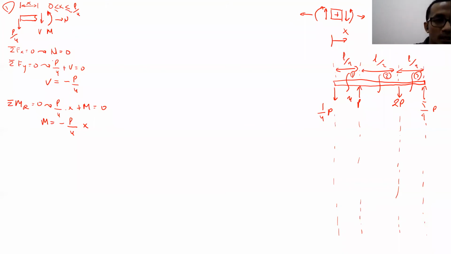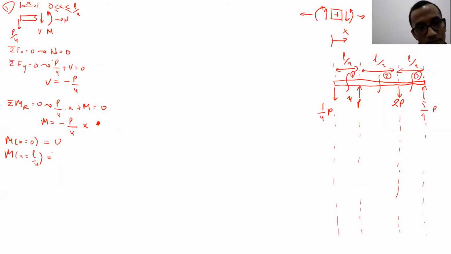So for this one, we will be able to find the value as well. M at x equal to 0 is equal to 0, right? We can just put it in this particular equation. And M at x equal to L over 4, what is the value?